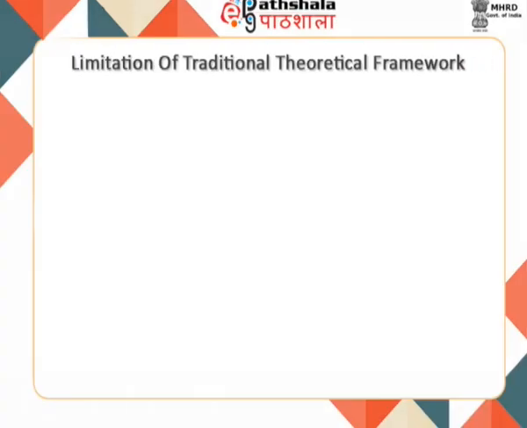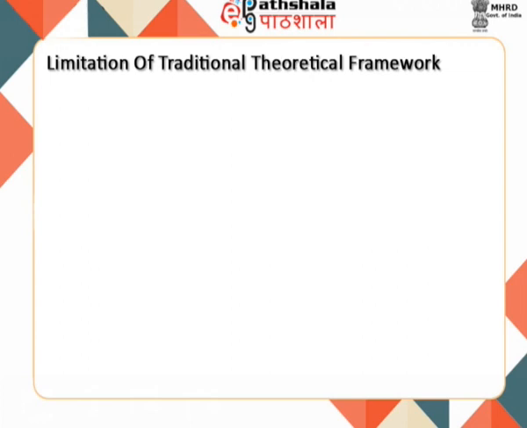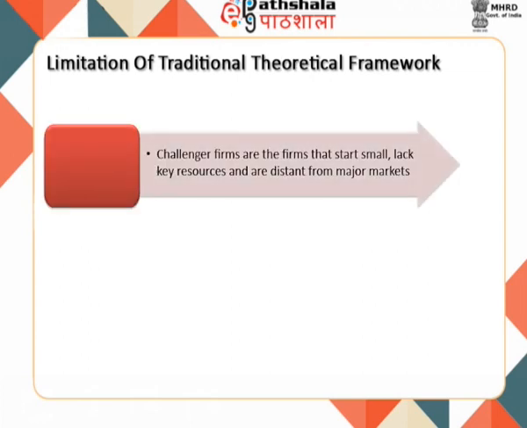The limitation of traditional theoretical frameworks are challenger firms or latecomers. These are the firms from developing countries that start small, lack key resources and are distant from major markets. The rise of multinationals from emerging markets like India, China, Brazil and Turkey exposes the weakness and limitations of existing theories of FDI in explaining the rise of challengers and latecomers.